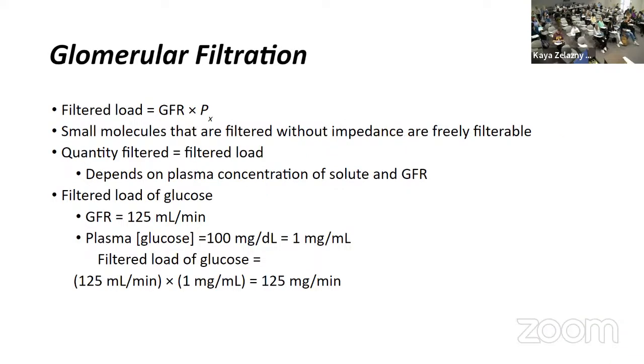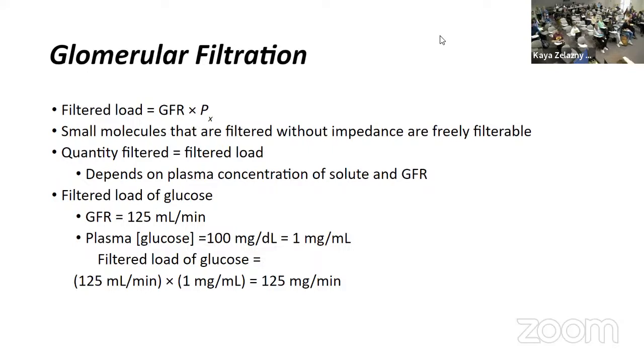All right. So our next concept is filtered load. When we're thinking about filtered load, we're now thinking about things that are dissolved in that plasma that are getting filtered.